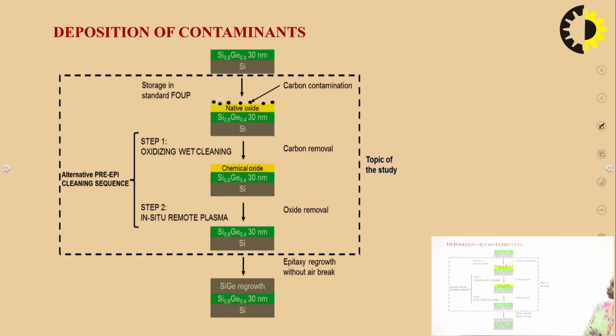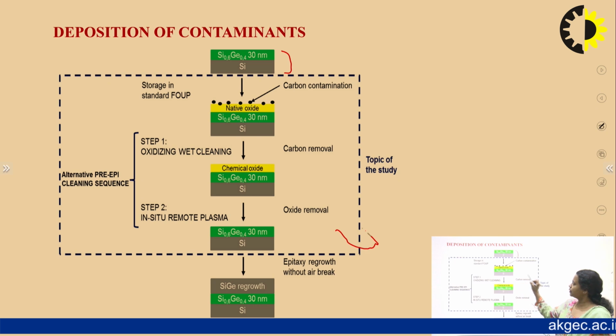Here I have shown a simple silicon wafer layer, how silicon is deposited on this layer, and then on this silicon wafer there is a native oxide layer created, which is basically an impurity. Then there is carbon contamination, carbon atoms that we have to remove.